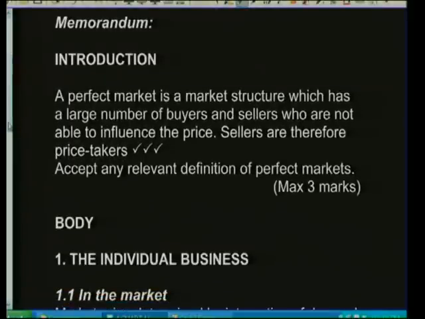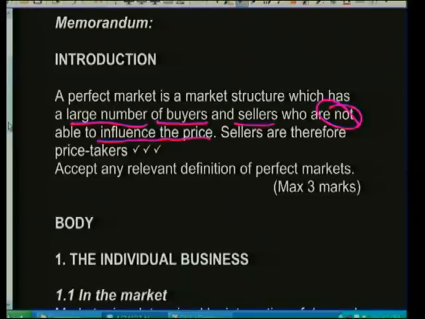This is an example from the memo of what the introduction may look like. The perfect market is a market structure which has a large number of buyers and sellers. This is one of the most important characteristics of the perfect market. Because the owner of a business in the perfect market cannot influence the price, this person will be known as a price taker.